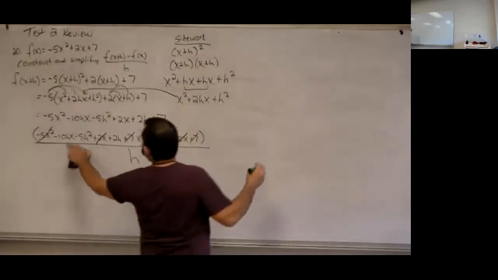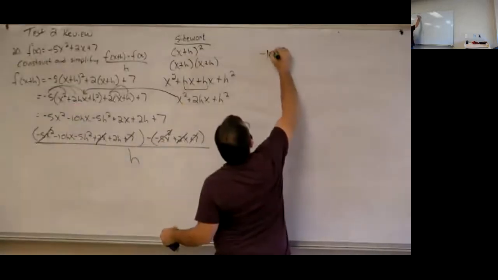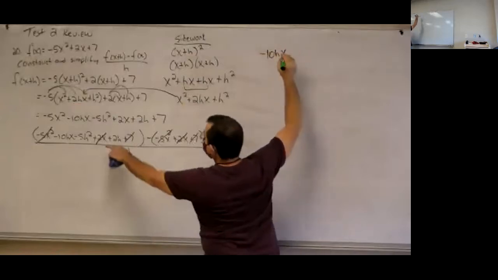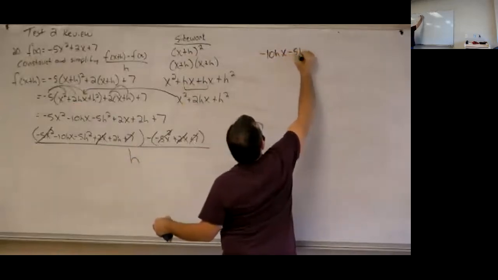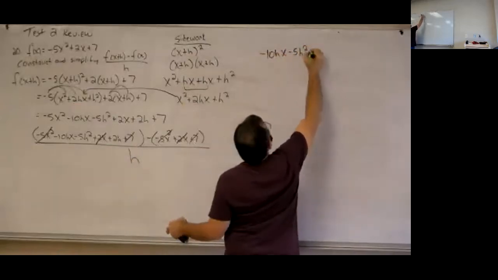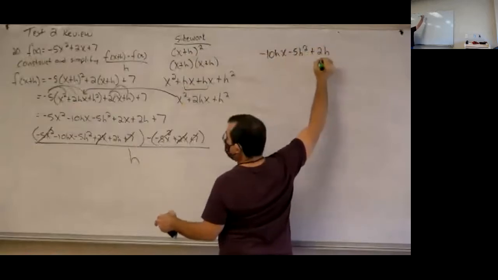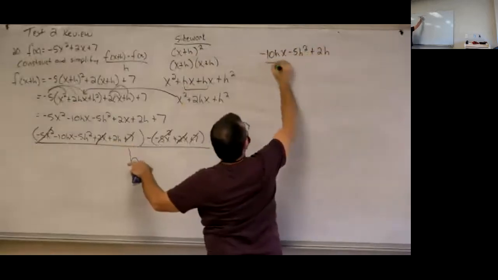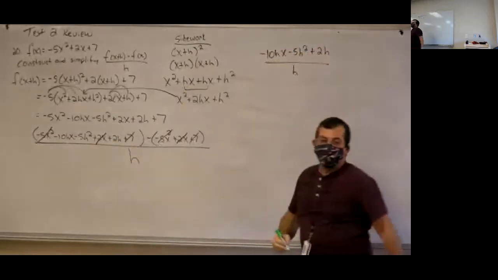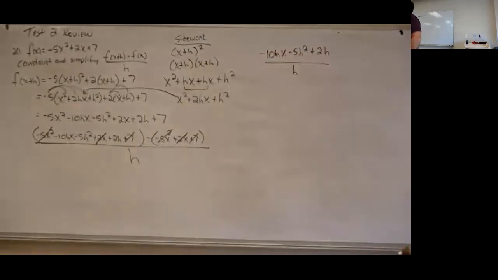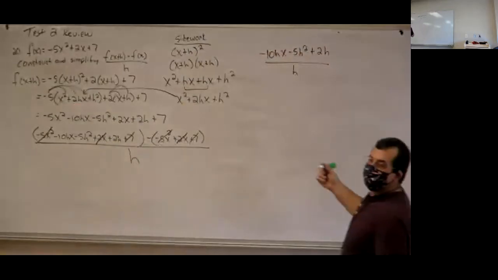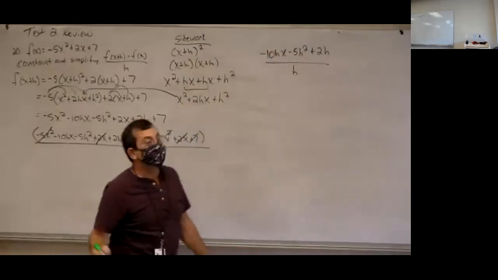So let's see what that gives me. I got a -10hx minus the 5h squared plus 2h. So that's all the h's left divided by h. All right, so what's my final answer now? So I'm going to divide every one of them by that h.